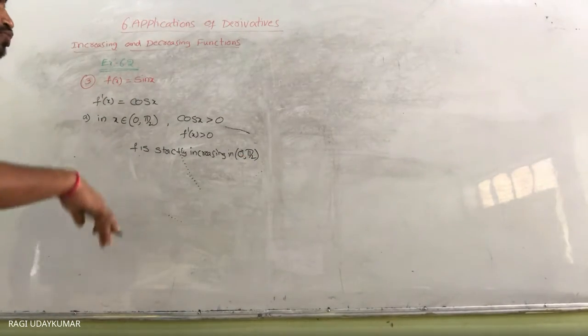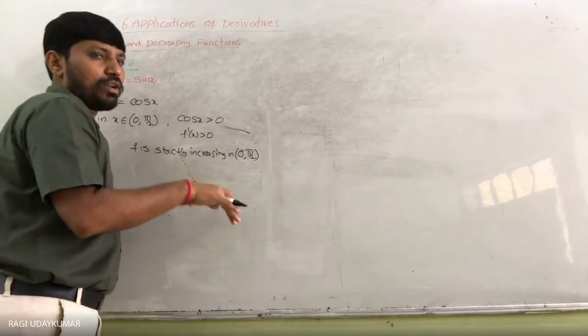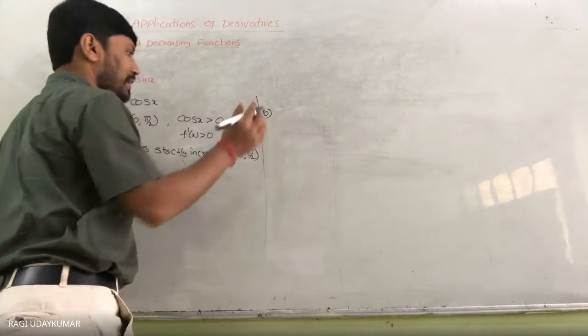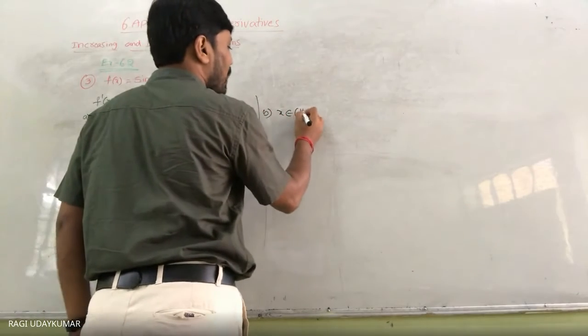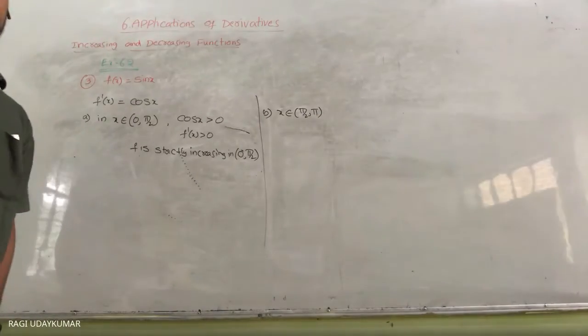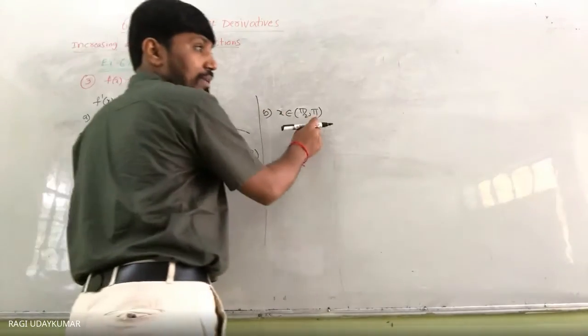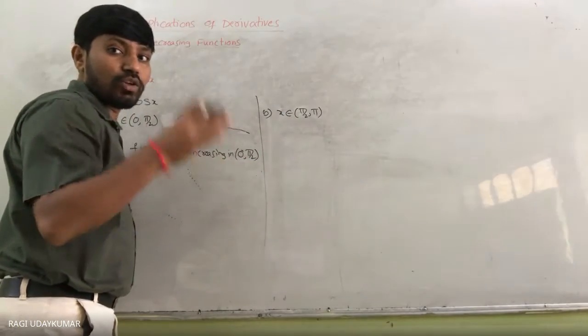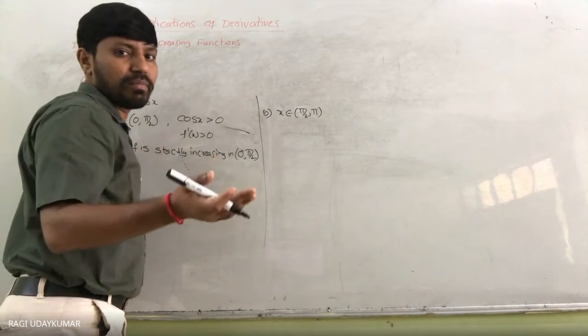Second, x belongs to the open interval pi by 2 to pi. This is the second quadrant, where only sine is positive and the remaining are negative; all silver teacups, I think you remember.